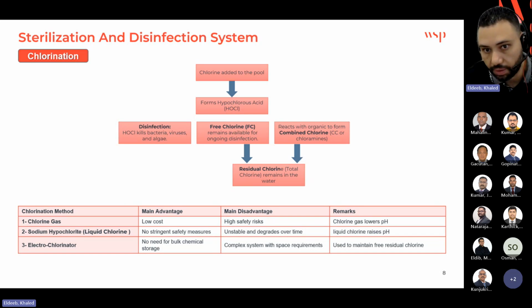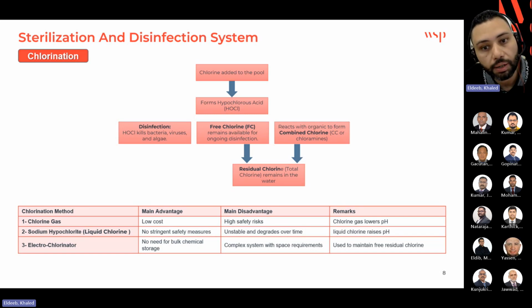This one is cost effective, low cost, but requires high safety precautions because chlorine gas is highly toxic when inhaled and can be fatal at high concentrations. Therefore, proper ventilation must be provided when we design such a chlorination system using gas cylinders or similar.